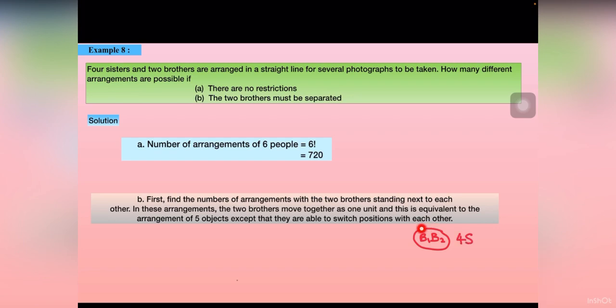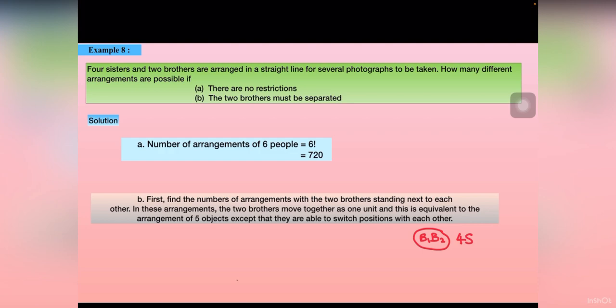So these are the two brothers, B1 and B2, and 4 sisters. Altogether, we have this, what we call one block. Okay, this is one block, and we have 4 sisters. Altogether, we have 5 objects. And inside this block, when we block B1 and B2, they can switch positions with each other.